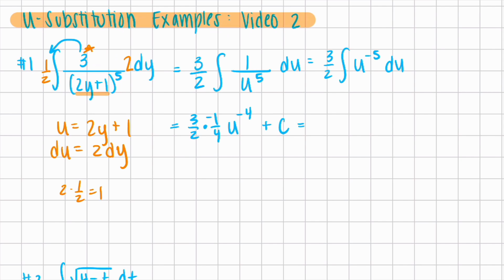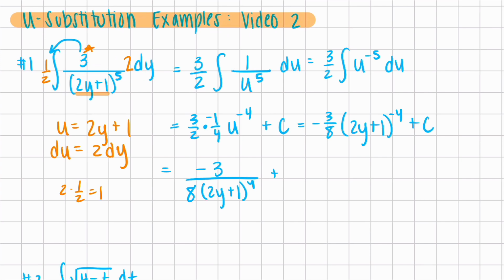I'm going to multiply these fractions out front, negative 3 over 8. Replace your u. We want everything to be in terms of y. 2y plus 1 to the negative 4 plus c. Last step, we don't really want negative exponents in our answer, so I'm going to rewrite this as a fraction. And that is it for this first problem.